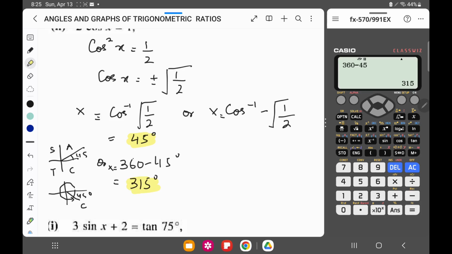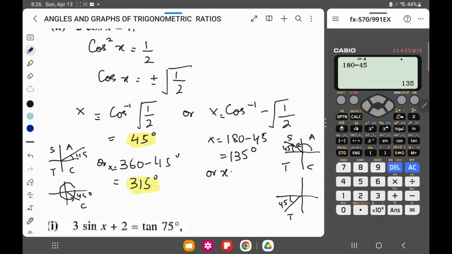For positive 1 it is 45 and 360 minus 45, and for the negative 1, the basic angle is also 45. In CAST, wherever the cos is negative, in the second and the third quadrant, for the second quadrant obviously 180 minus 45, which is 135 degrees, or if it is in the third quadrant, then it is 180 plus 45, which is equal to 225.